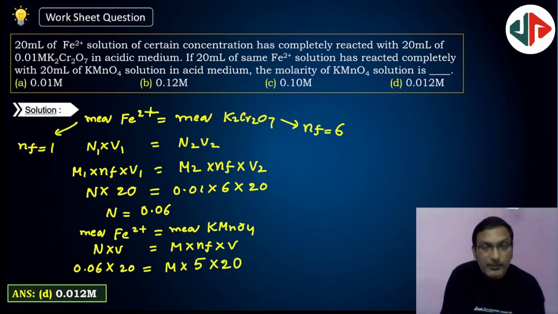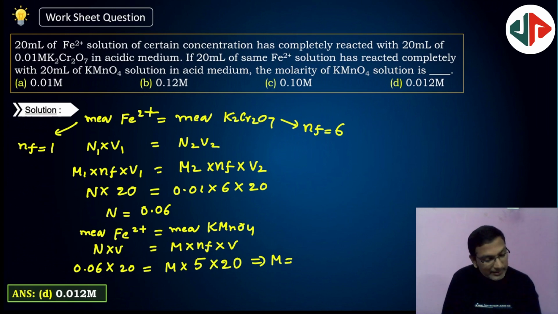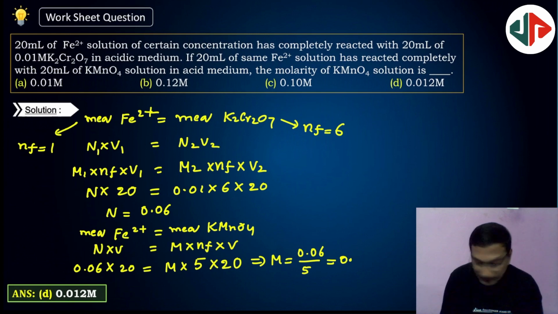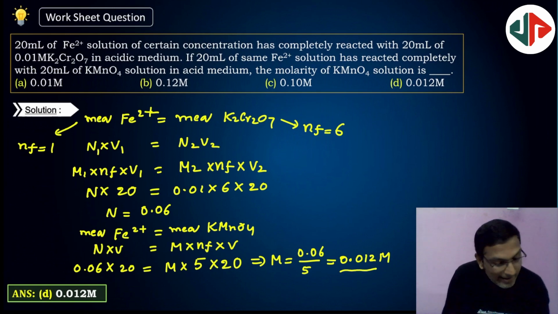Therefore molarity equals 0.06 by 5, the 20 cancels, which is 0.012 molar. This is the answer. Option D.